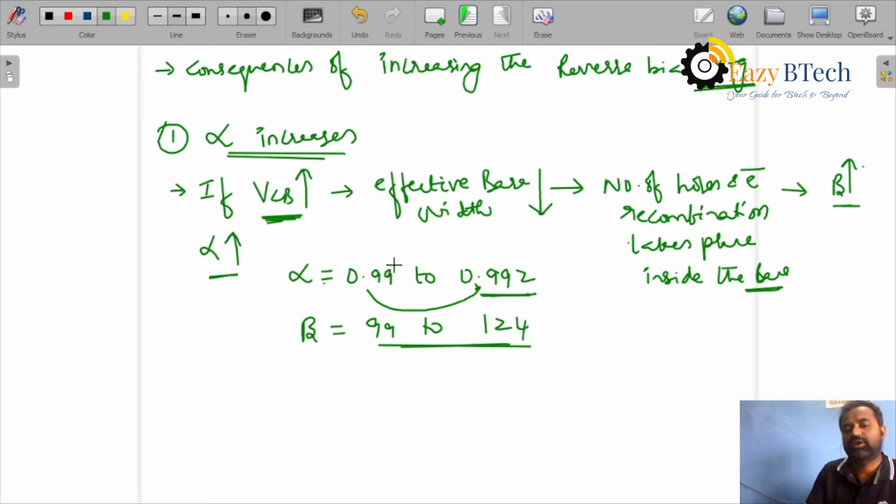It means that for a small increase in alpha, there is a large increase in beta. That is one factor.